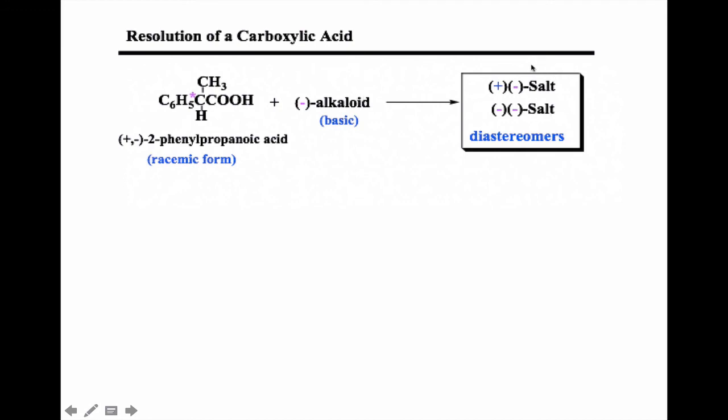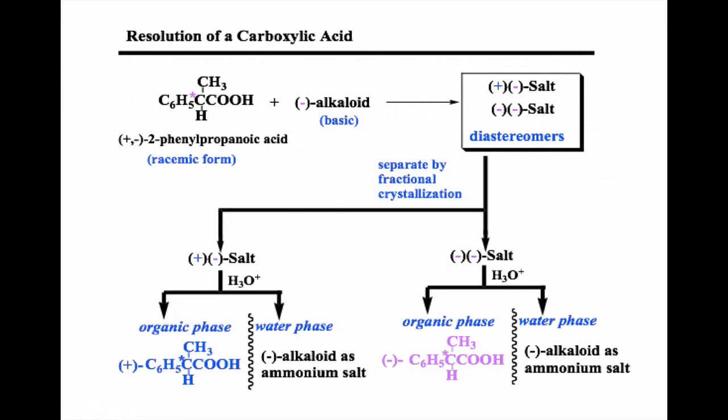And as I mentioned before, diastereomers have different physical properties, and so we can use that to recrystallize one of the salts and make a solid out of it, and actually isolate it and go through this whole process, and we can actually isolate one of the enantiomers. So let's say we recrystallize, and it's the negative salt that recrystallizes, it forms a solid.